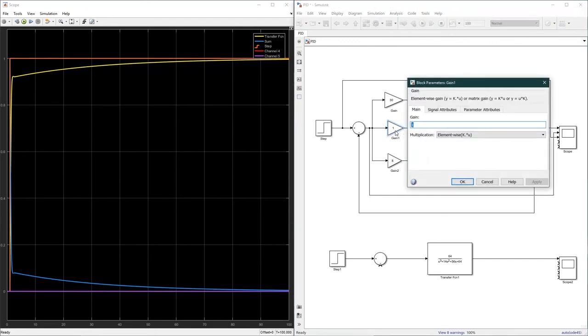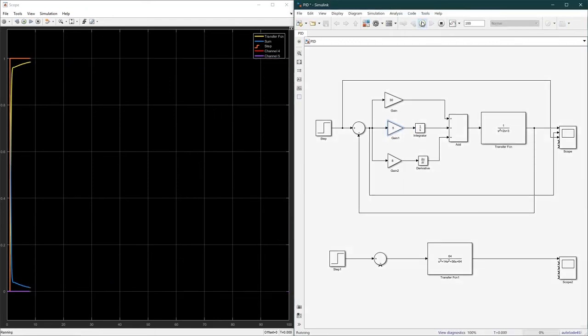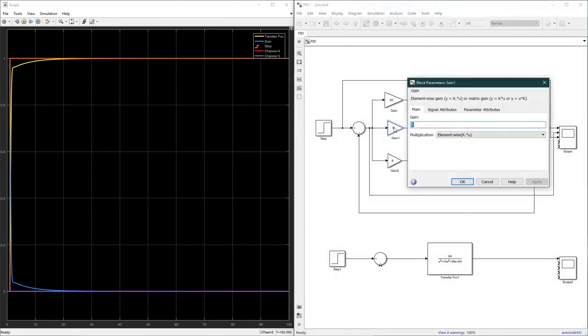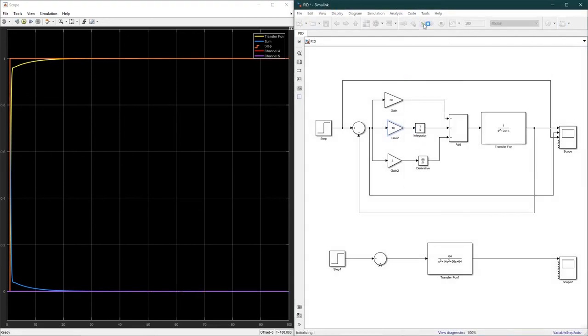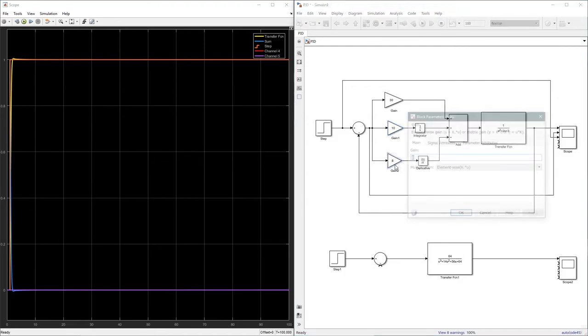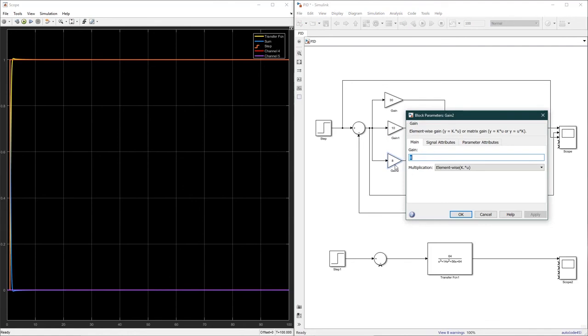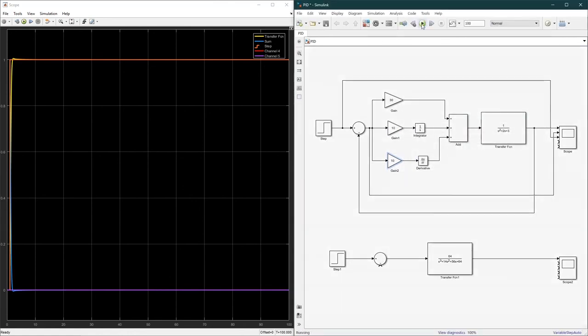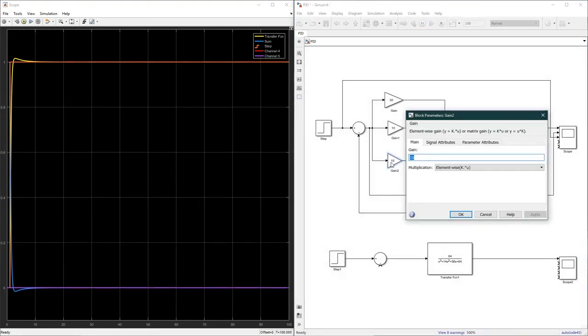Let's try. See? It's a bit of overshoot. This almost reaches the unit step function, which is the best control system. The system maybe cannot delay anymore.